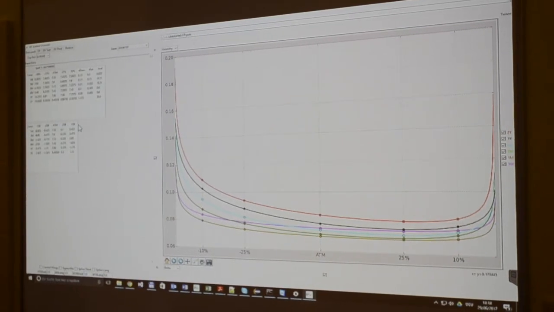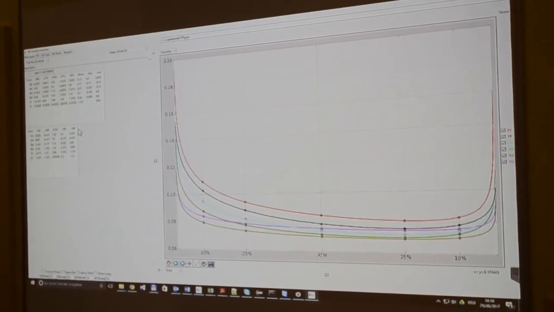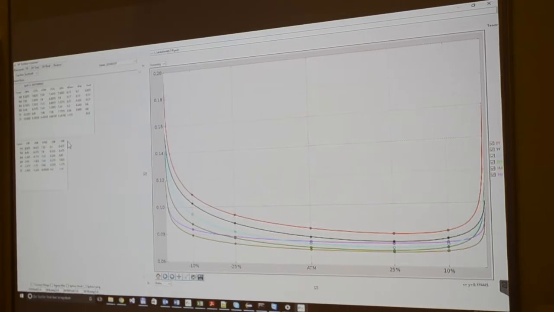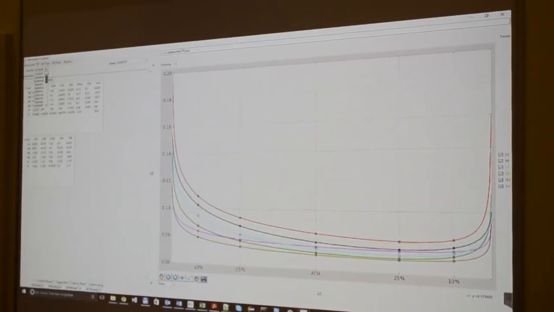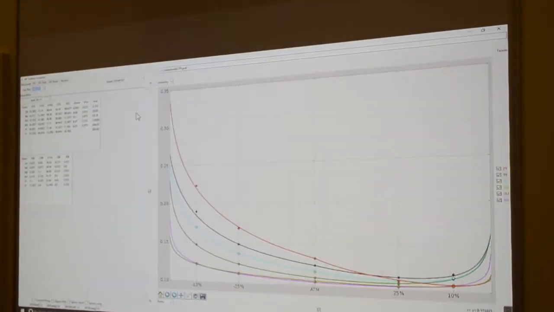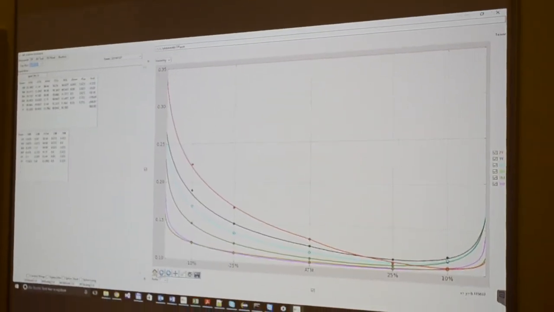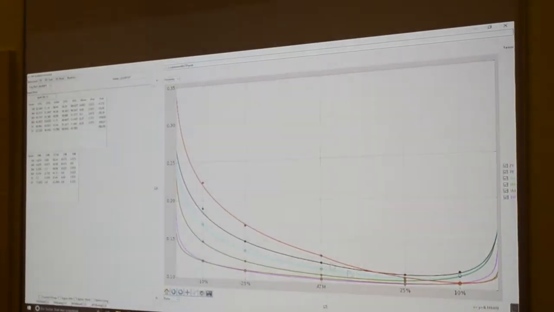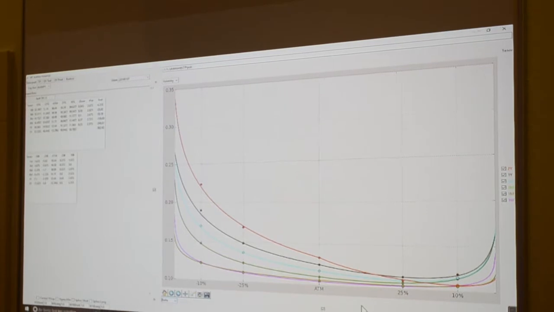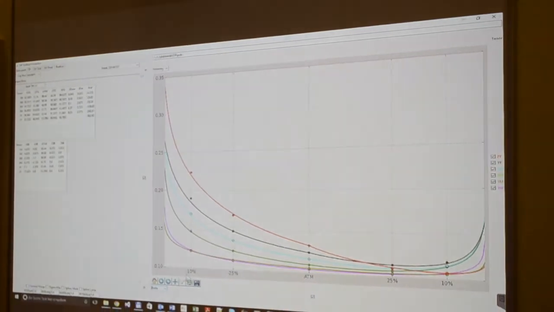So let's start with the concept of calendar arbitrage, and let's pick up the very first currency pair, Aussie dollar yen. This delta volatility space is the standard way for FX traders to look at the vol surface.